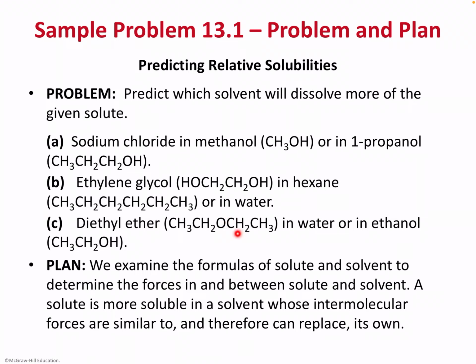This can form hydrogen bonds to water or to ethanol, but ethanol can also interact well with diethyl ether through dispersion forces. So as a result, diethyl ether will dissolve better in ethanol than in water.